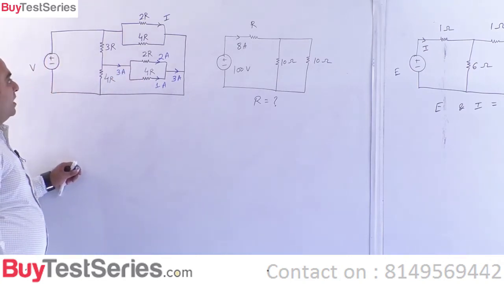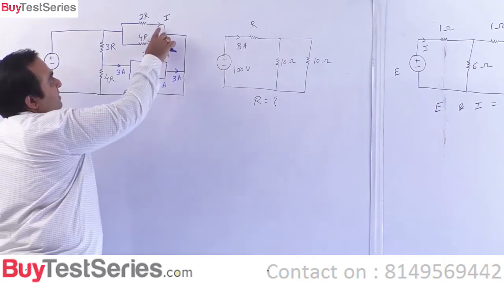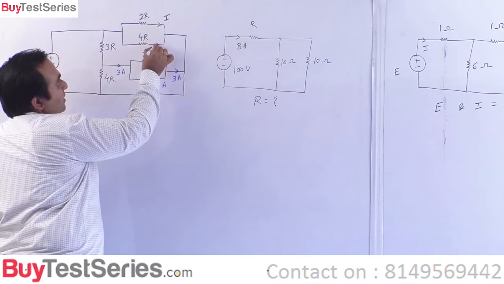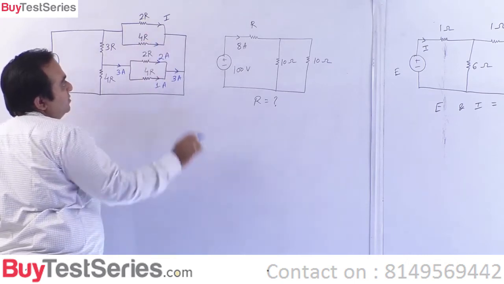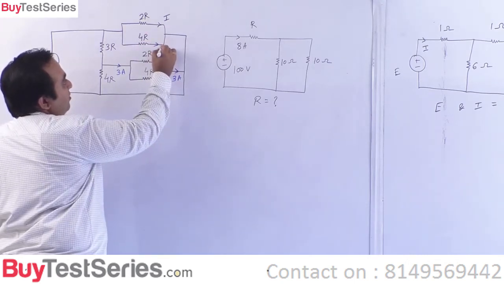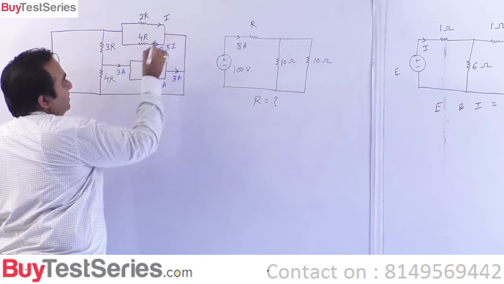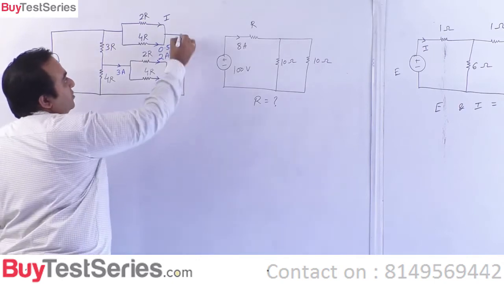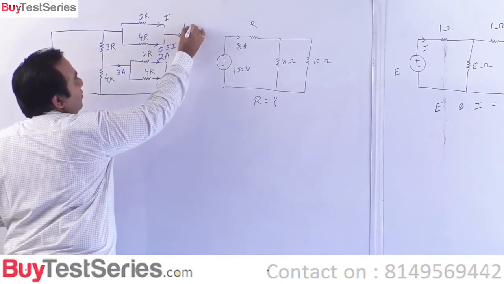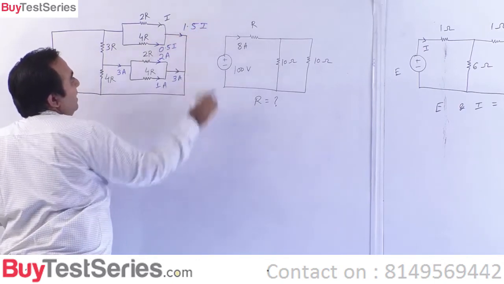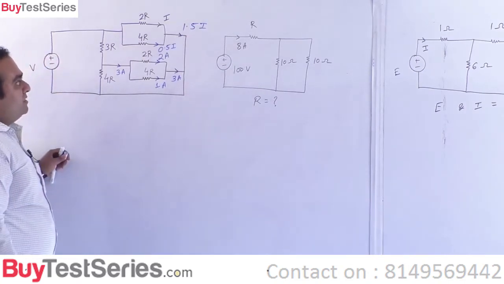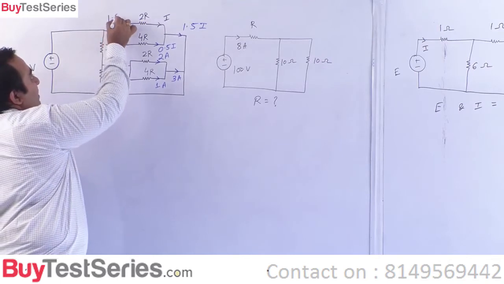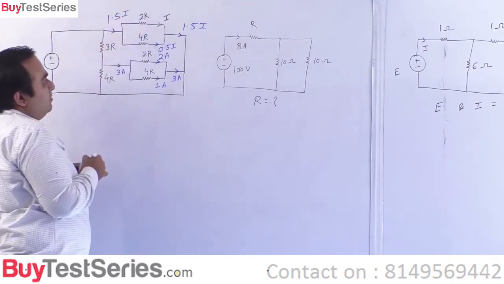Is this okay? Now if this current is I, this current must be half of this I, so this should be 0.5 I. This has to be 0.5 I. So this must be 1.5 I. Is this okay? So this has to be again 1.5 I.